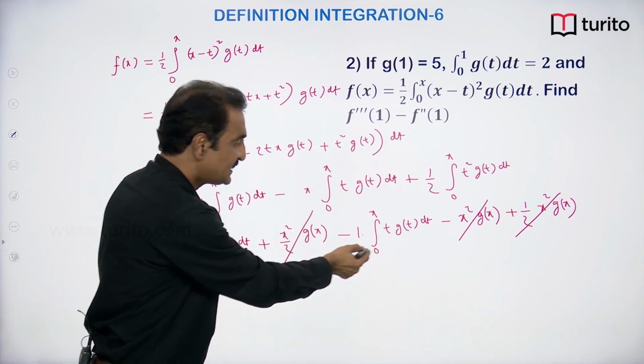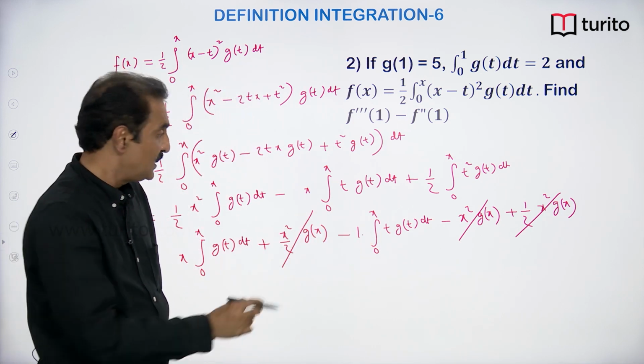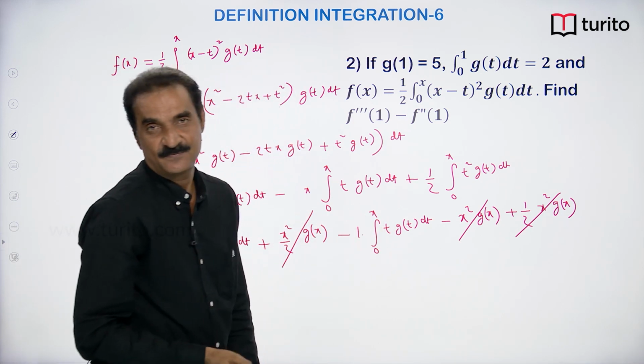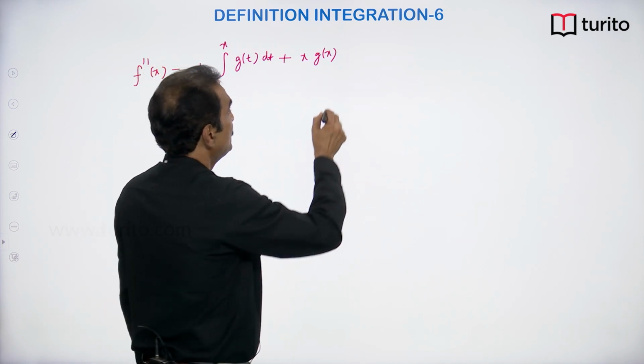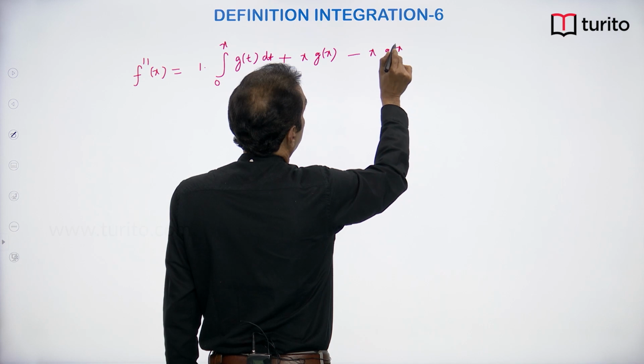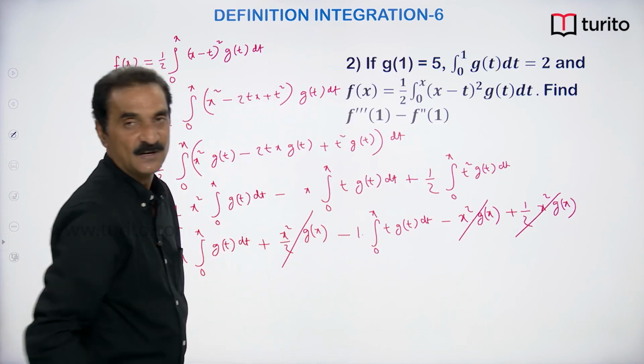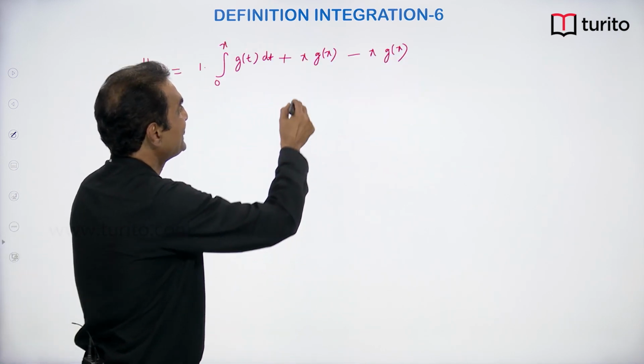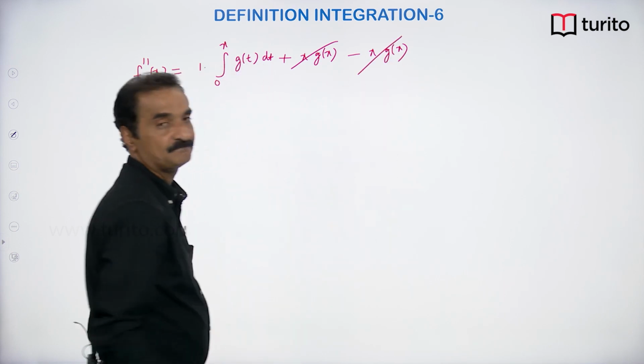Next, this. What is the derivative? Directly replace t by x. You will get minus x g of x, this one. Now, x g of x cancels.